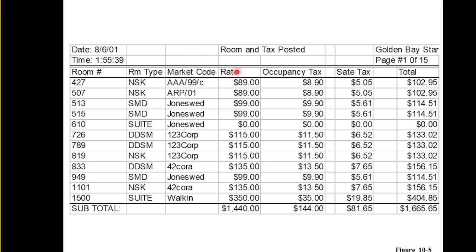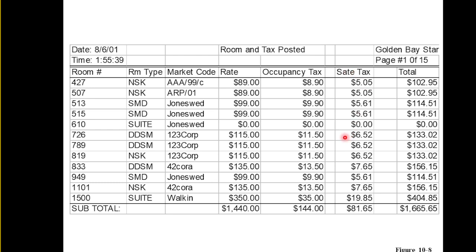Okay, and then we have the rate here. It is the room charge before tax. Okay, so wala pay tax, so no deduction. Still, it's the regular computation of the room rate. Then we have the occupancy tax, that means hotel occupancy tax. Then we have the state tax, basically a government sales tax.